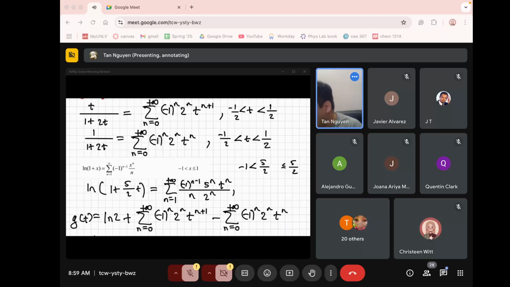I replace x by 5 over 2t. Okay, solve for the IOC. So I'm going to get negative 2 over 5 is less than t. Oh, that should be a 1. I'm one step ahead of myself. That's going to be less than or equal to 2 over 5. Does that make sense, guys?